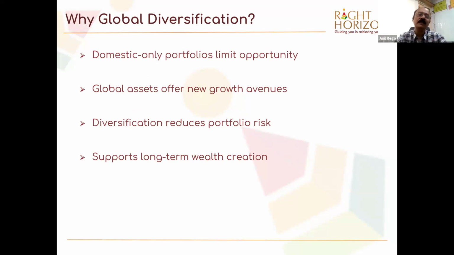why global diversification? Broadly, when you're domestic only, there are two things that happen. One is you're limited to investment opportunities within your own country. Now, there may be a whole lot of opportunities outside, and they may be higher return, they may be lower risk, etc. You may also have a whole lot of new global growth avenues. Today we are talking about pre-IPOs in India, right?